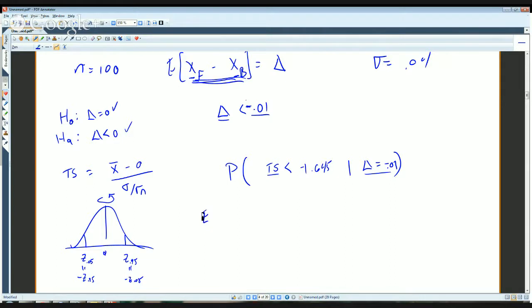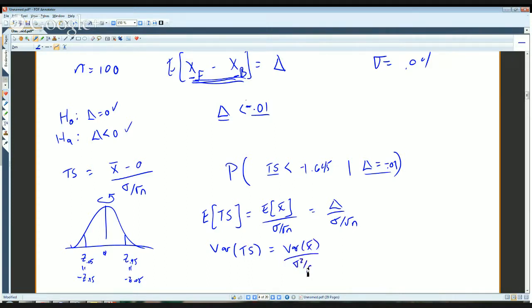The expected value of our test statistic is equal to the expected value of x bar over sigma over square root n, which is equal to delta over sigma over square root n, and the variance of our test statistic is equal to the variance of x bar over sigma squared over n, where the variance of x bar is sigma squared over n, which works out to be 1.